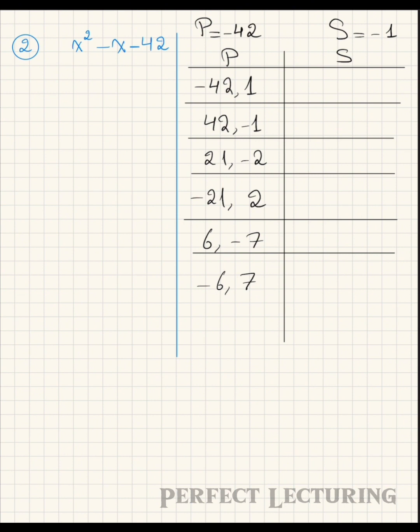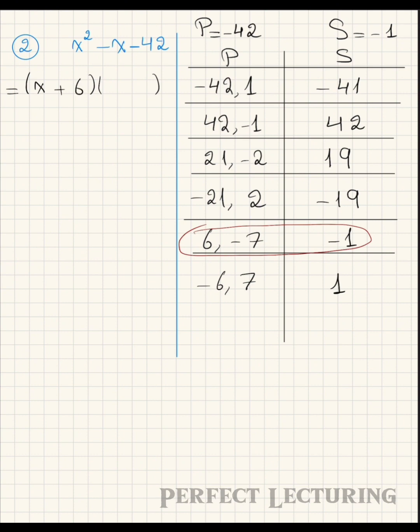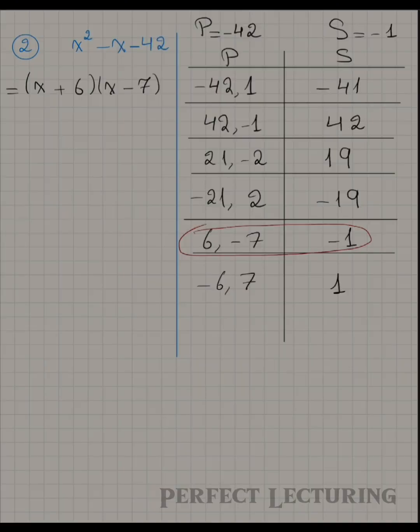And the corresponding sums are negative 41, 41, 19, negative 19, negative 1, and positive 1. And the pair which matches our problem is this. Therefore, the final answer becomes x plus 6 multiplied by x minus 7.